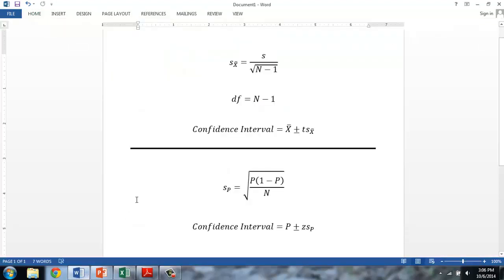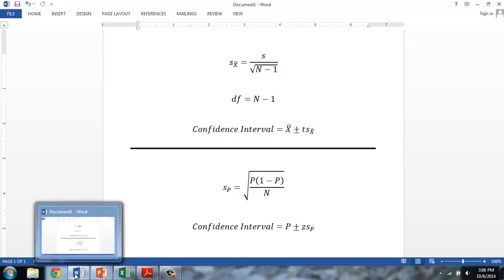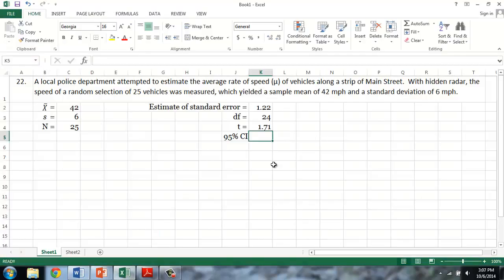And now we have all of the information we need to calculate a confidence interval. Our confidence interval is equal to our sample mean plus or minus our t-score times our estimate of the standard error. Our lower limit is equal to our sample mean minus the t-score times our estimate of the standard error, or 39.9.